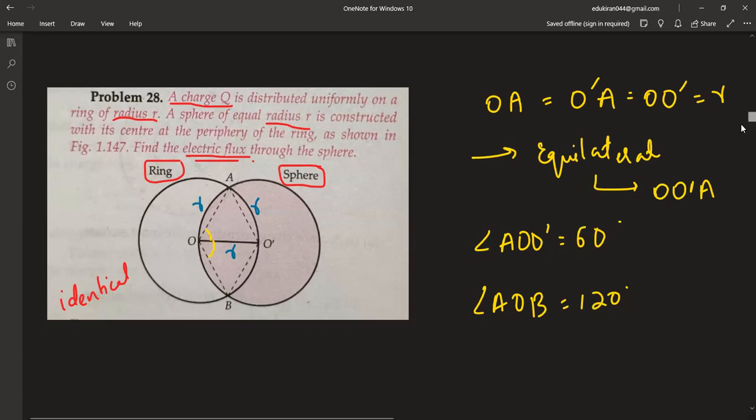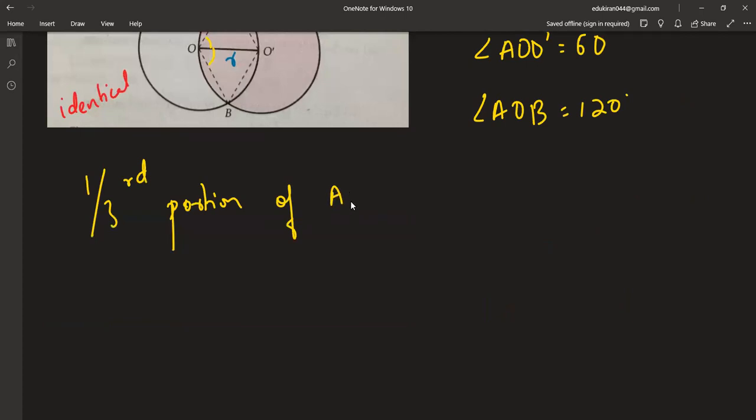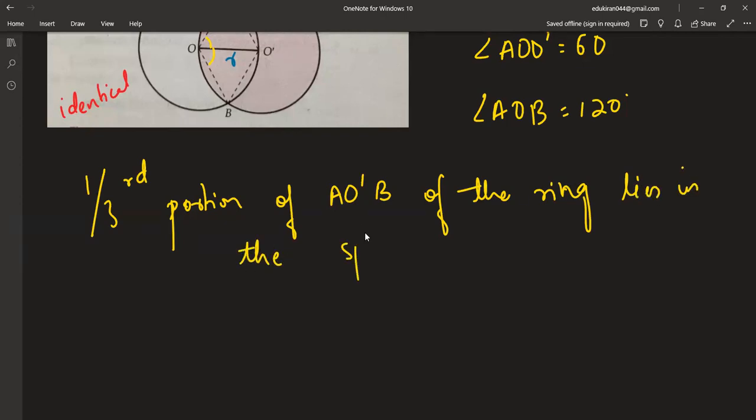Obviously, this is showing that 1/3 portion of the ring, AO dash B, lies in the sphere. That's it.